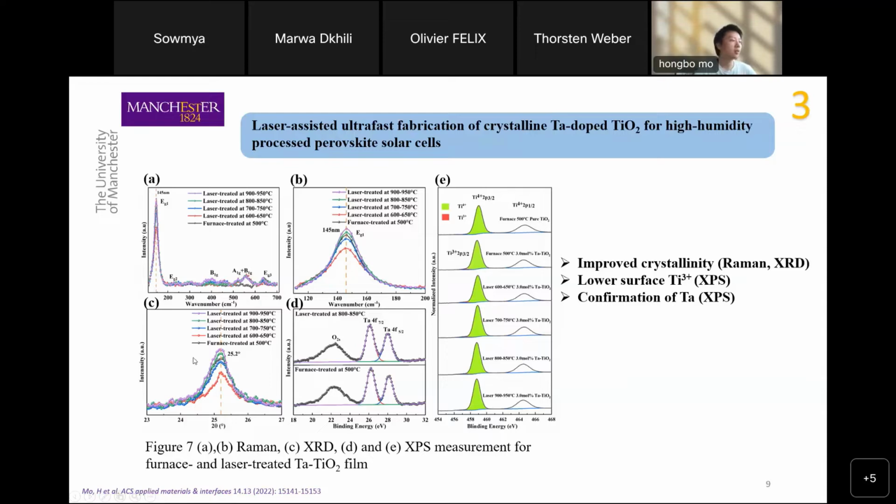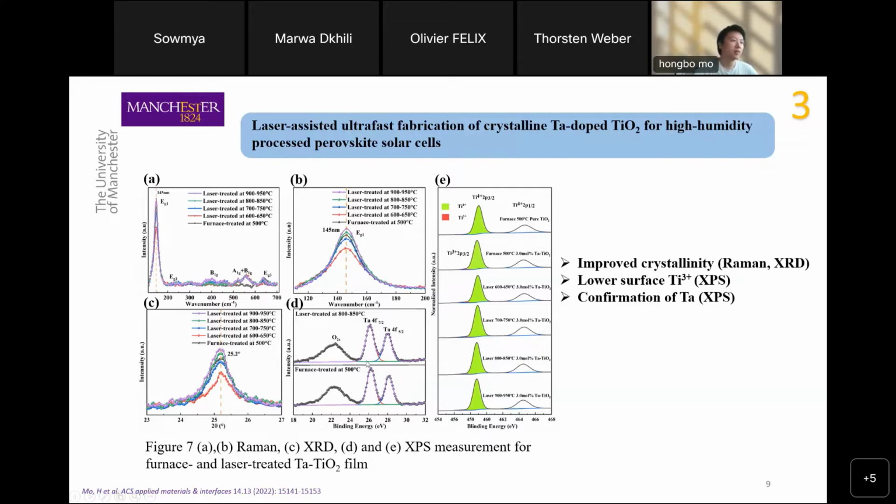As we can also see from 7C, the XRD spectrum, the peak intensity also increases with the laser treatment temperature. So the XRD measurement is consistent with the Raman measurement.